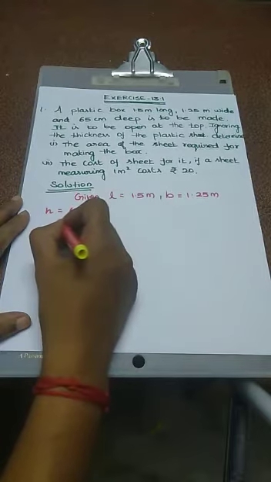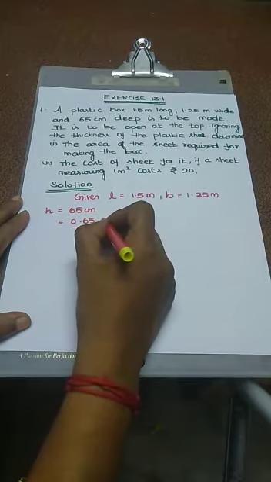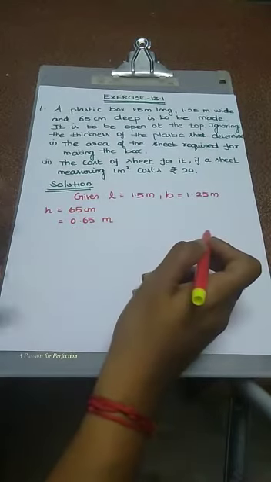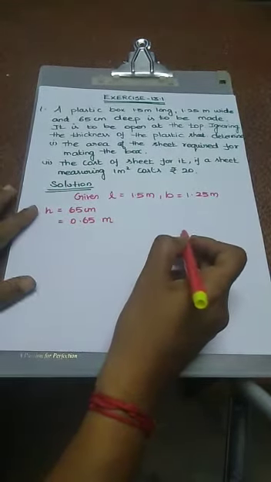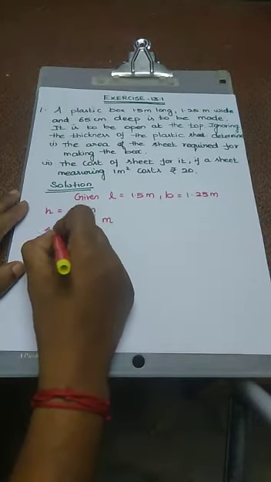We have to convert the value into meter, no? So we write 0.65 meter. These are the given values. Next we have to calculate the surface area. One clue is given: the box is open at the top.